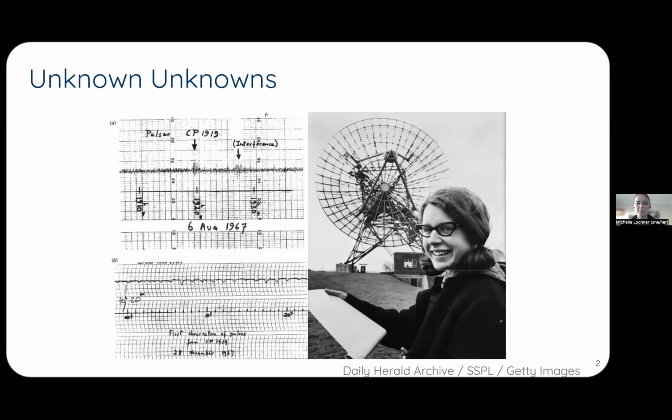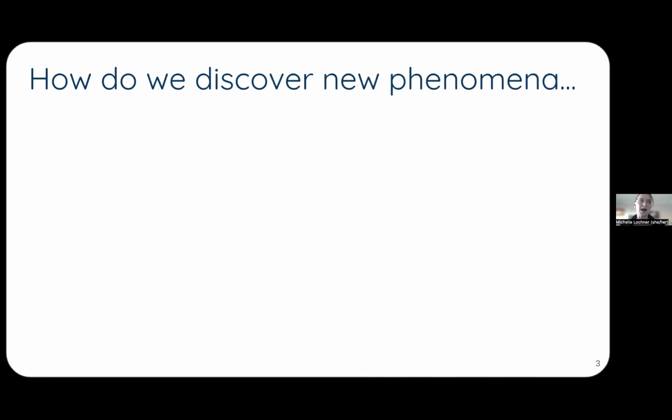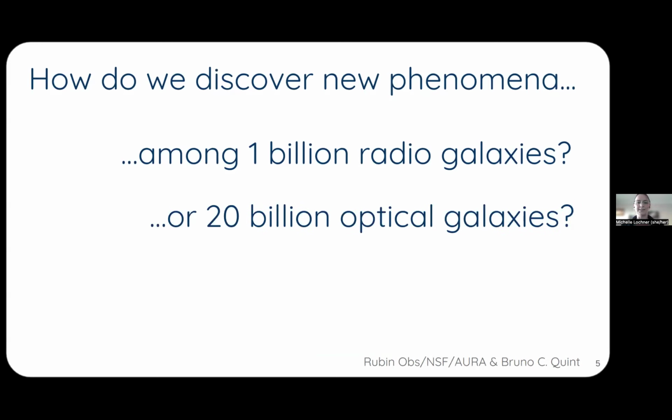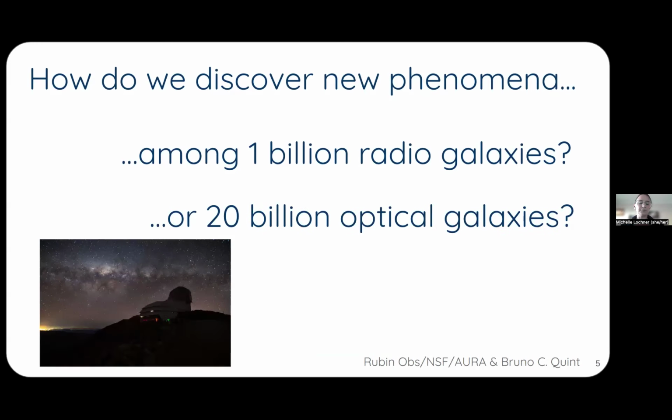So the question that I've been really trying to answer over the last few years is, how do we make these completely unexpected, groundbreaking discoveries when the SKA is going to deliver a catalog of 1 billion radio galaxies? And the Rubin Observatory, which is under construction in Chile, is going to have a catalog of 20 billion optical galaxies.